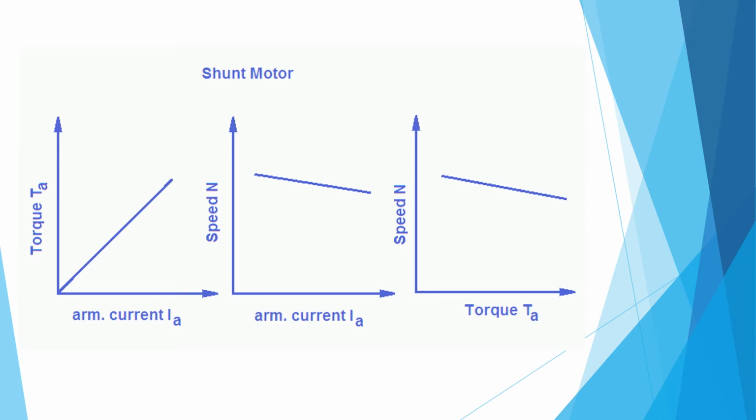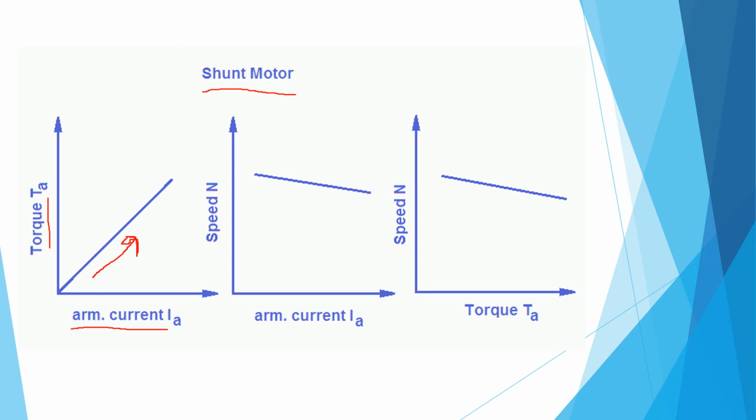So let's discuss the characteristics of shunt motor. There are three characteristics. First, torque versus armature current: as armature current increases, there is an increase in torque.